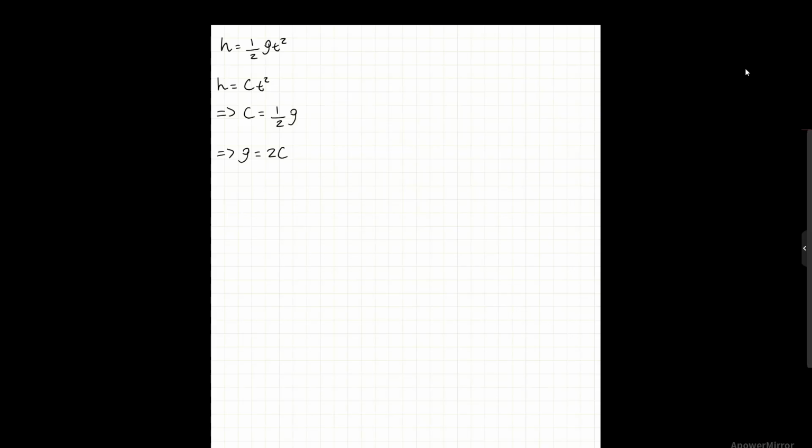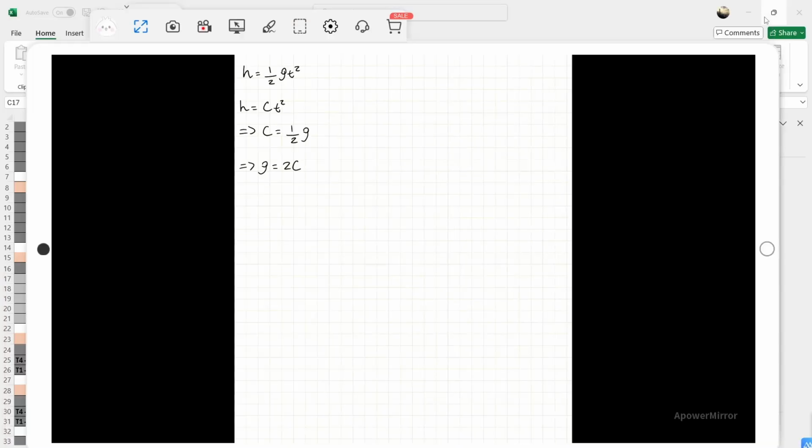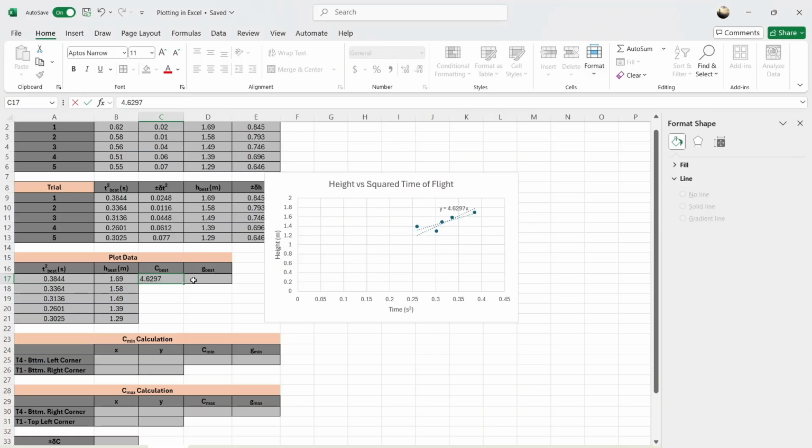So we're going to go ahead and put that same thing into practice for the value of C that we've already extracted from our plot. We've got our C best, we know the equation for g, so we hit our equal sign, put in 2 times C, and we get a value of 9.2594.